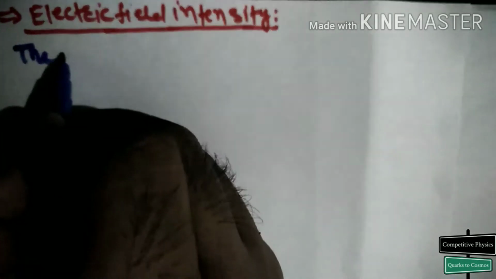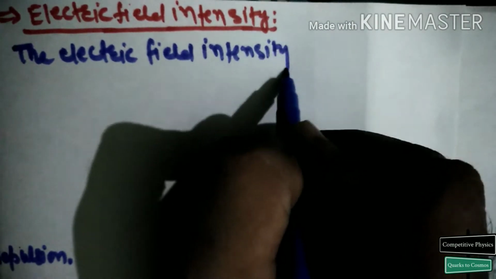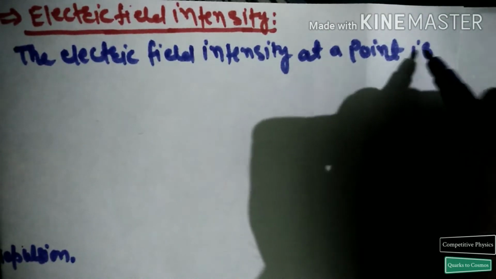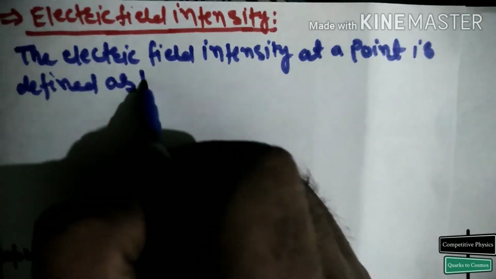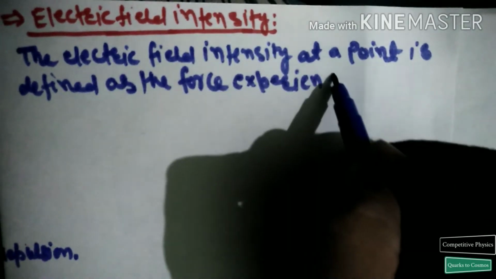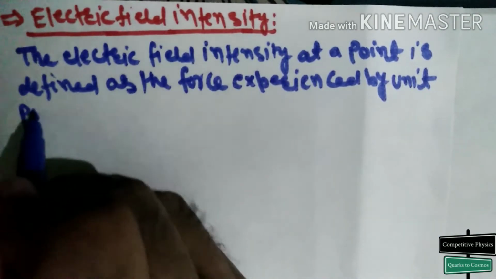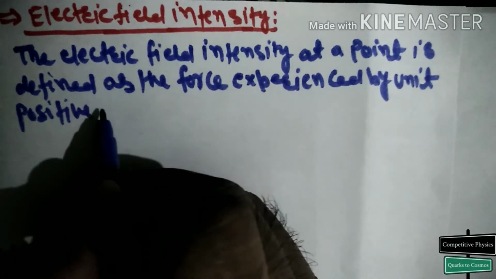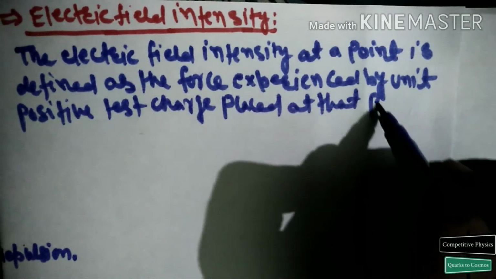The electric field intensity at a point is defined as the force experienced by unit positive test charge placed at that point.